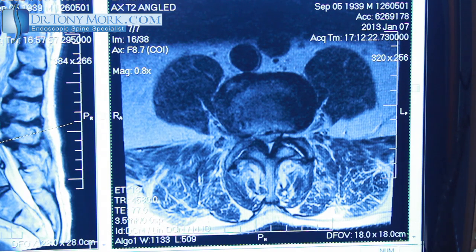So we have a situation where the degenerative changes, the facets, the overgrowth of bone and calcification of ligaments have encroached in the spinal canal and compressed the spinal cord, giving rise to his back pain and radicular leg and buttock symptoms. Treatment for this in the younger people with a lot of motion at L4-5 may require a fusion.